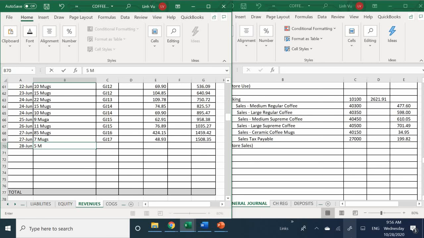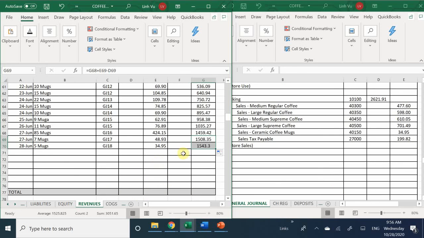And that amount was $34.95. I'm just having such a hard time typing today. Okay, $34.95. Good. Bringing your grand total to be 1,543.30. Good.